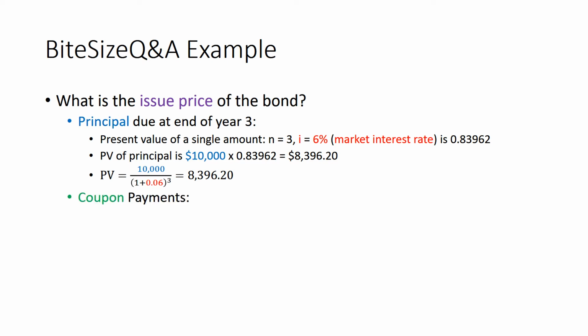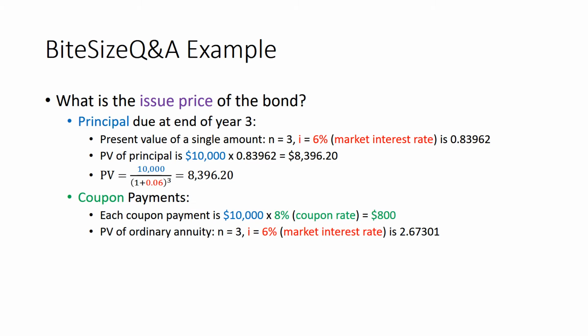Next, we have to figure out the present value of these coupon payments. We know that each coupon payment is $800 and they're given at the end of every single year. So we can use our present value of an ordinary annuity formula or look at the present value of an ordinary annuity table.